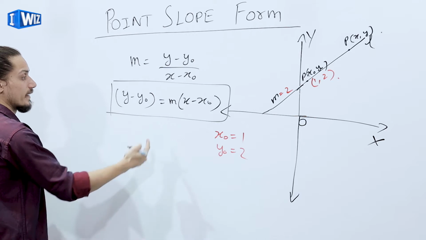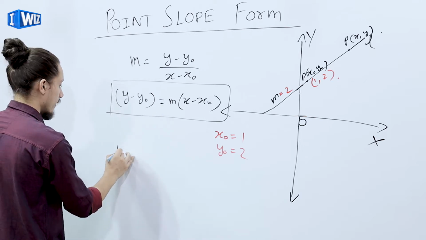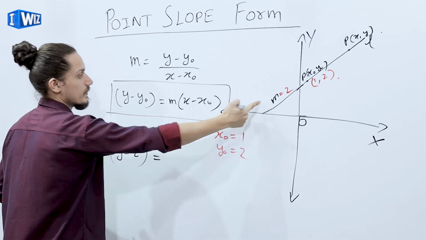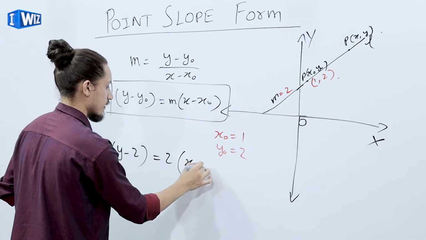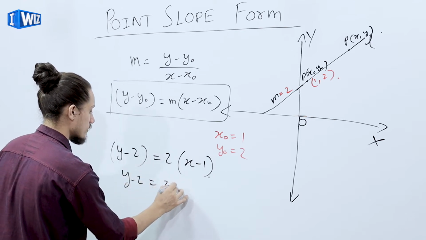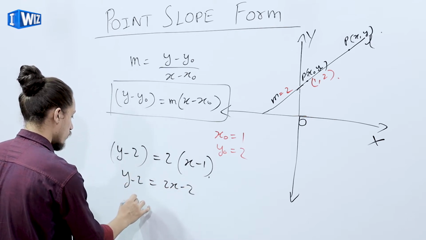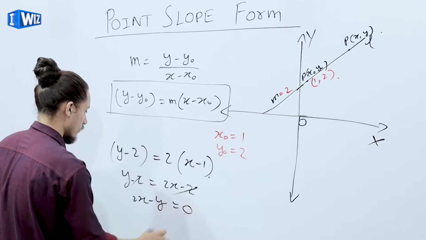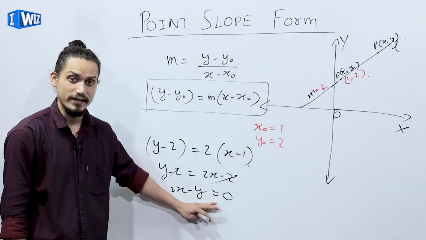So equation of line in point slope form becomes y minus y naught, which is 2, is equal to m, which is 2, times x minus x naught, which is 1. We get y minus 2 is equal to 2x minus 2, or 2x minus y is equal to 0. This is how you write equation of line in point slope form.